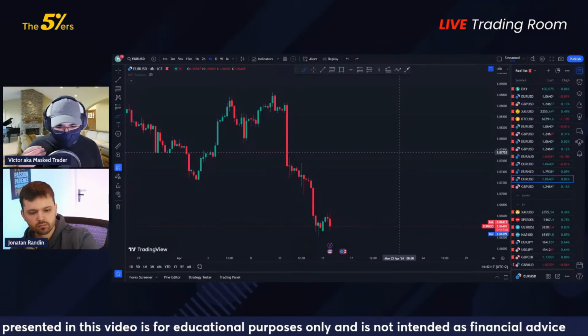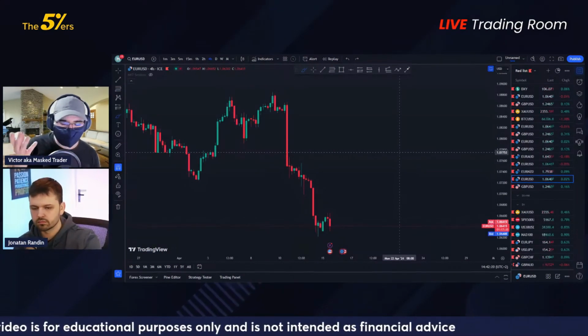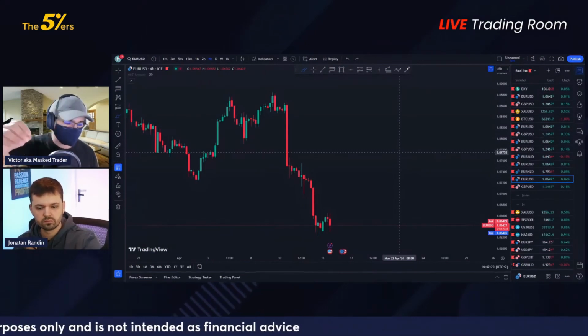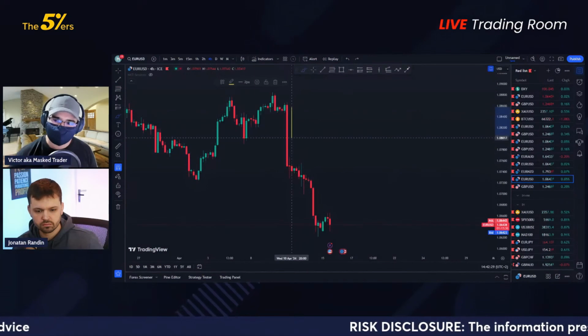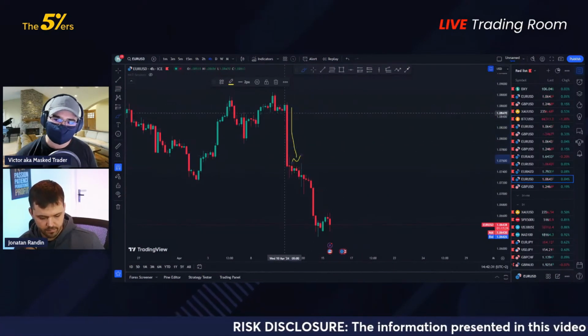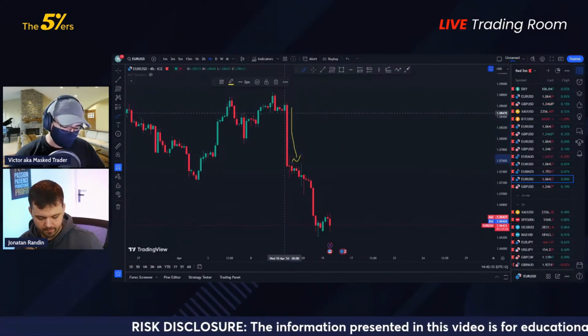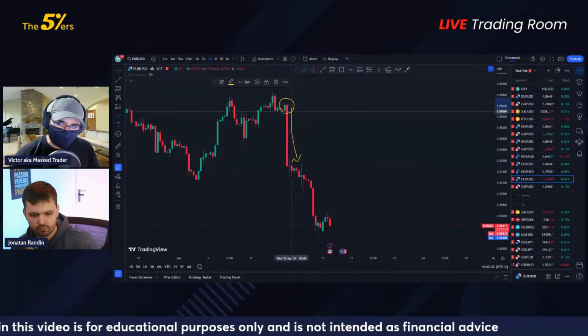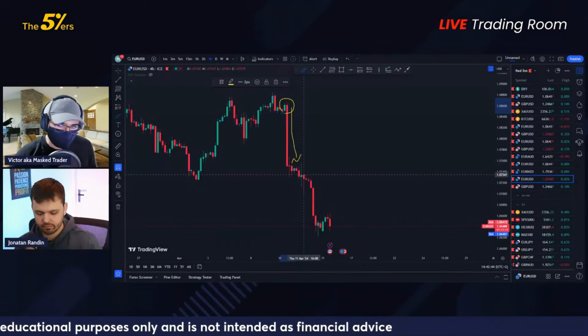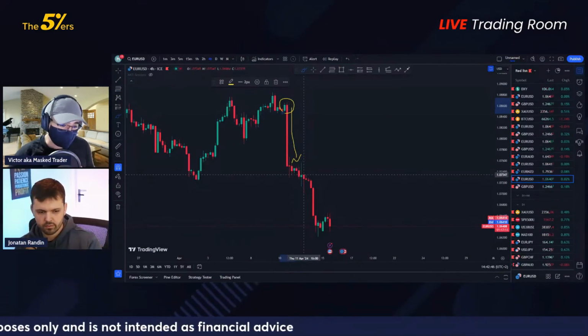I've seen that other definition too, where it needs to have a move. Here you had a strong move to the downside, and that would make the order block this bar that was engulfed, and then you have a big movement. That definition makes sense to me, and actually it is a very good one.